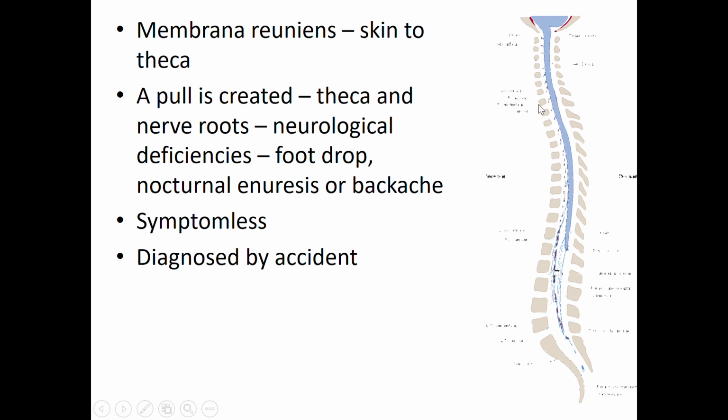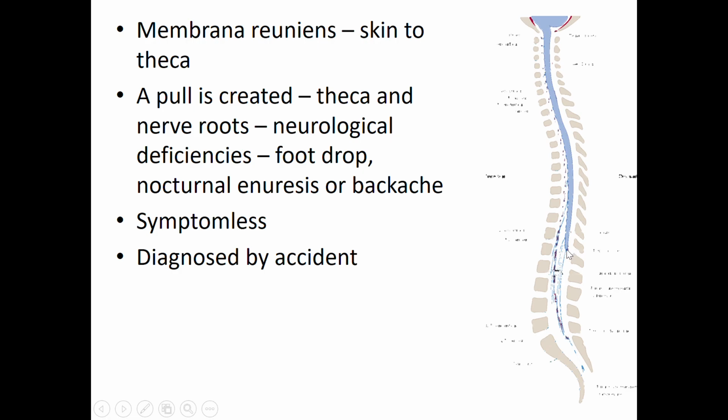Now, as we know, the spinal cord and the vertebral column are not equal in length. At the time of birth, the spinal cord is present at maybe the third lumbar vertebra, and as the child grows, the vertebral column keeps on growing, but the spinal cord just remains at that same level.